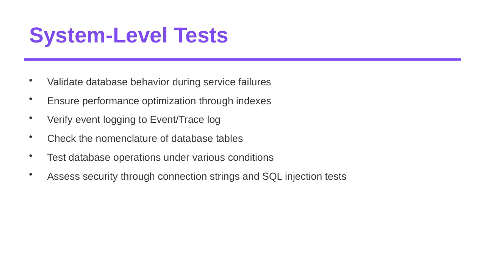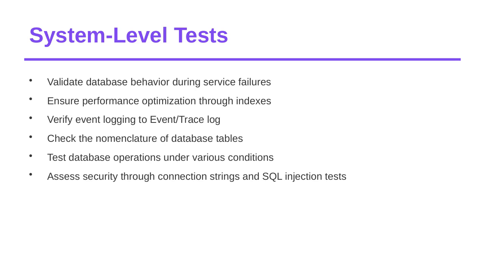Checking the naming conventions for database tables might seem minor, but consistent and clear nomenclature helps maintain clarity and reduces confusion when working across teams. Testing database operations under various conditions, like simultaneous access or large data loads, confirms that the database performs reliably no matter the situation.